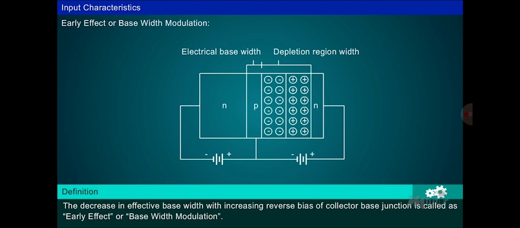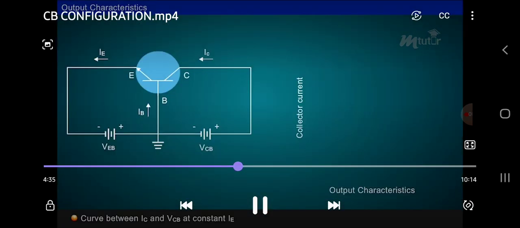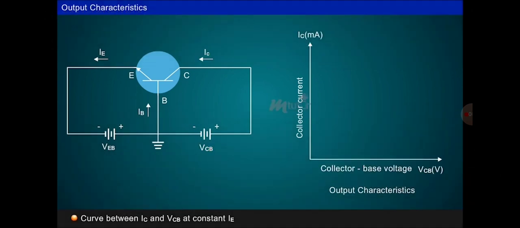The decrease in effective base width with increasing reverse bias of collector base junction is called early effect or base width modulation. Now the output characteristics: it is the curve between collector current IC and collector base voltage VCB at constant emitter current IE.